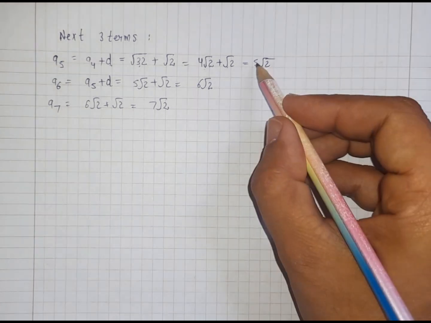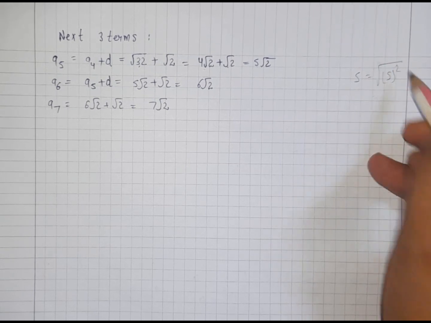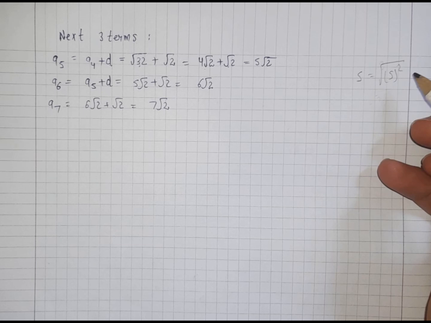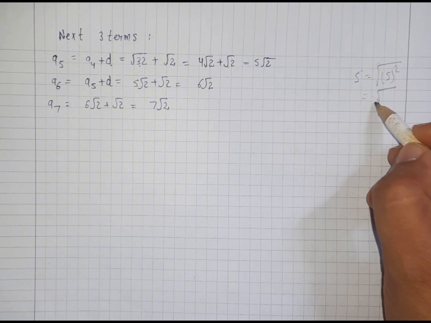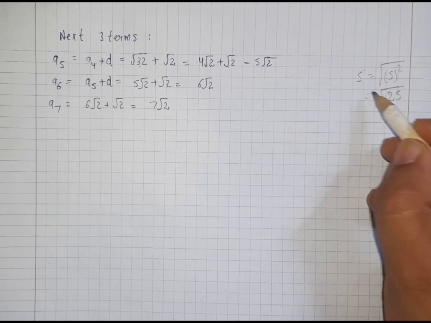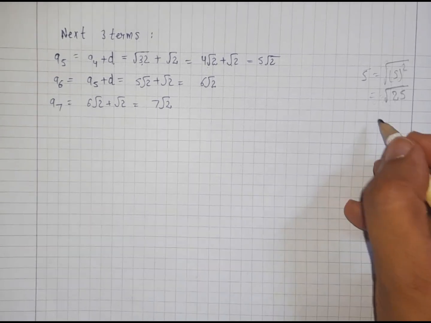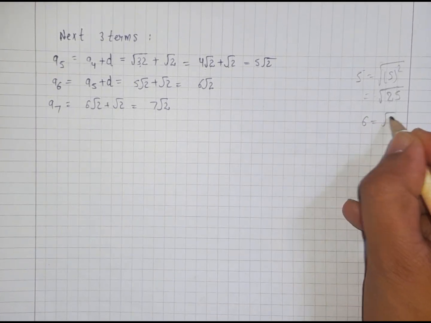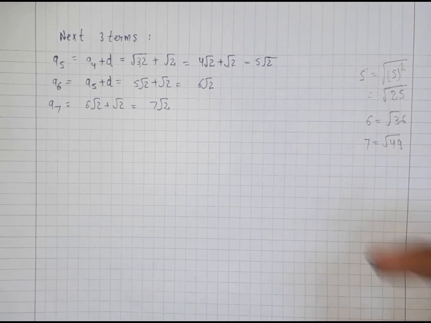Since we know that 5 can be written as the square root of 5 squared, because square and root cancel out each other, it will become 5 again. So 5 squared is 25, and we can write 5 as root 25. Similarly, 6 equals root 36 and 7 equals root 49.